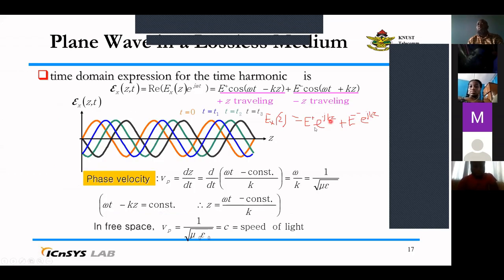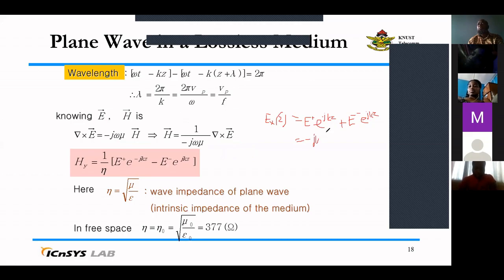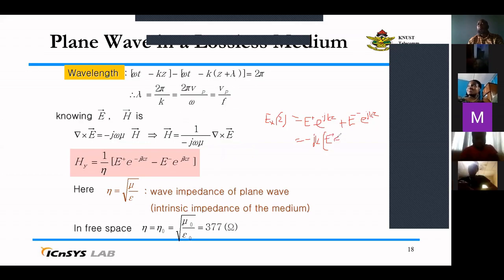So if you differentiate this one with respect to Z, then you have minus JK, and this will be what? Minus JK into brackets. This will be JK, okay? But I'm taking the JK out. So this will be E plus EJKZ.